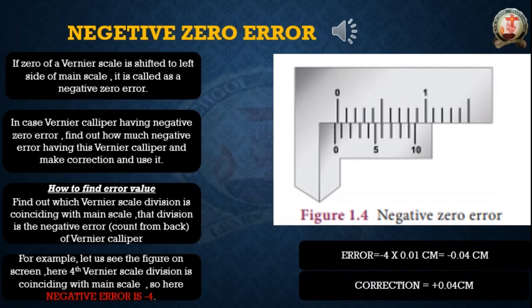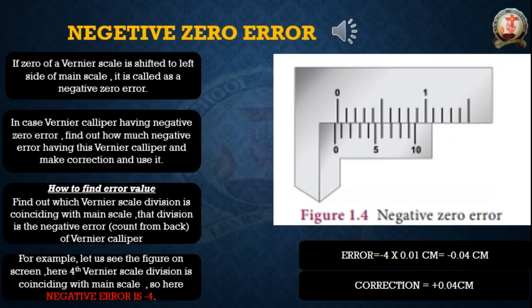Next concept is negative zero error. This negative zero error is the second type of zero error. I already told you the first type. What is that? Positive zero error. So this one is the negative zero error. This negative zero error is completely opposite to the positive zero error.